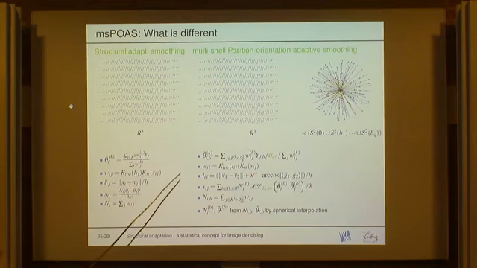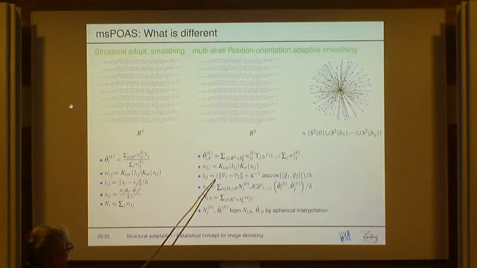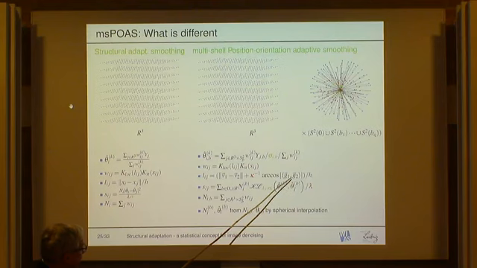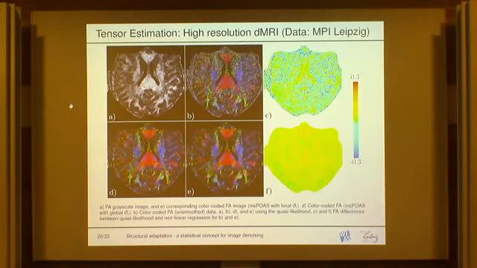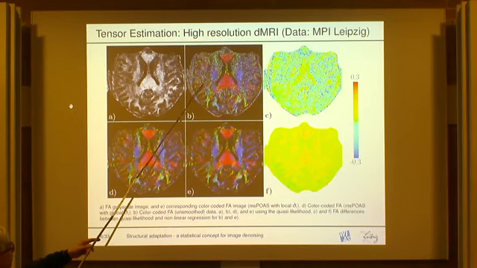And this leads to a smoothing algorithm that employs different location weights here, and also employs a statistical dependency that incorporates information from different shells. Okay, what we get out of this is, again, the data from Leipzig, which has 4 replications of the experiment.